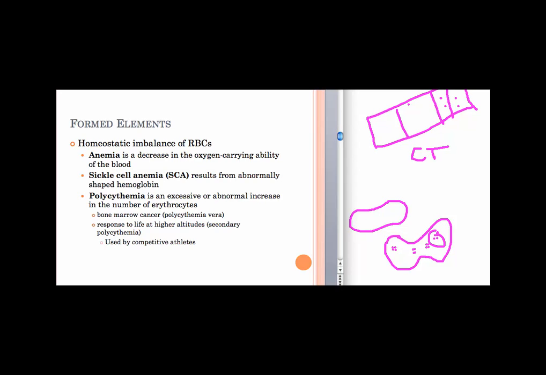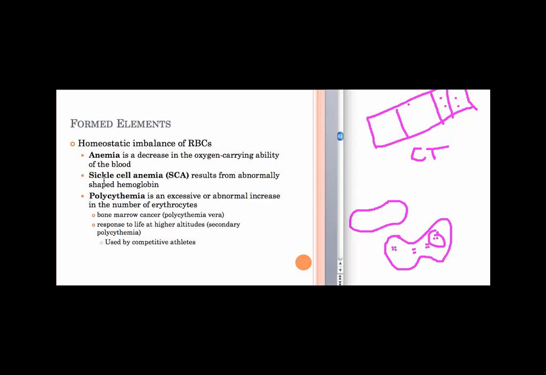If we don't have enough ability to carry oxygen, because we don't have a lot of hemoglobin molecules in our red blood cells, this is called anemia. In the event that our hemoglobin molecules are deformed because the protein structure itself has some sort of deformity, this gives rise to what we call sickle cell anemia.